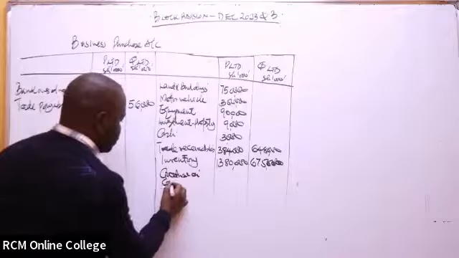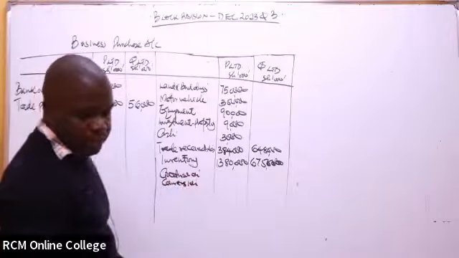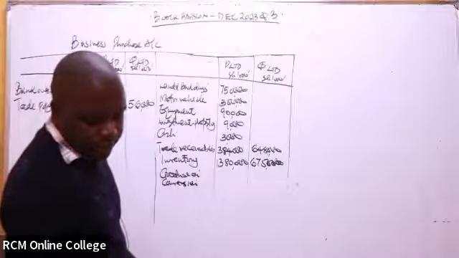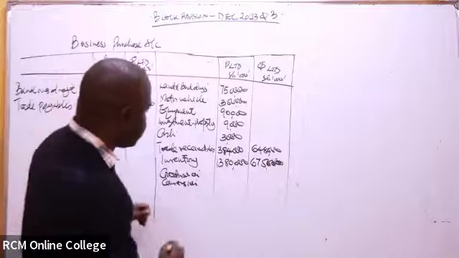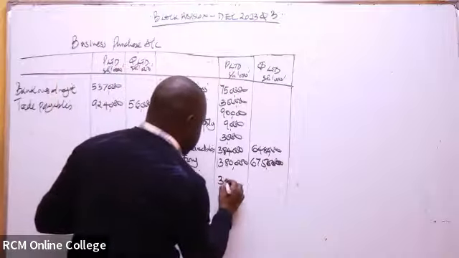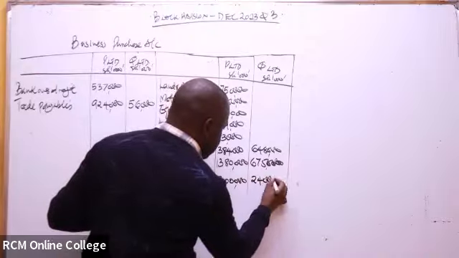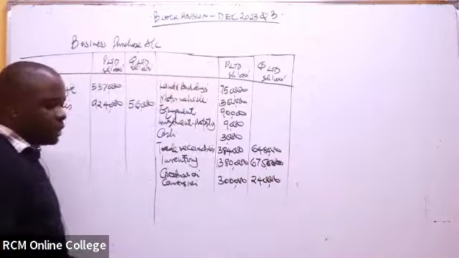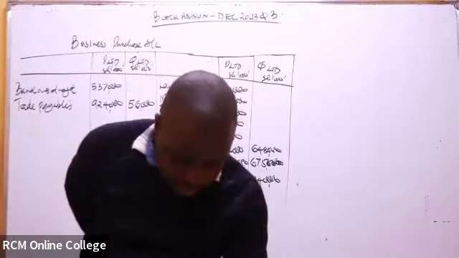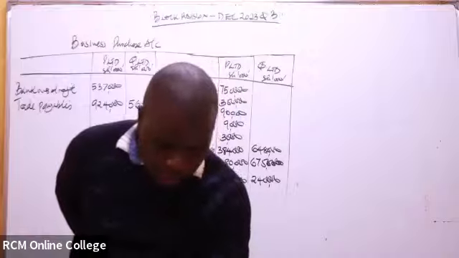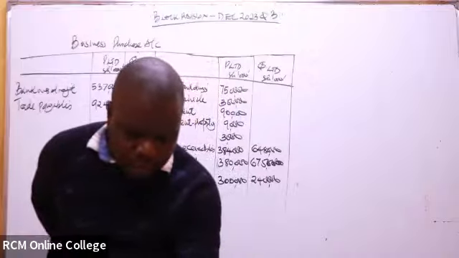The goodwill on conversion, for the oil business and for the export, we have 300,000 and 240,000.